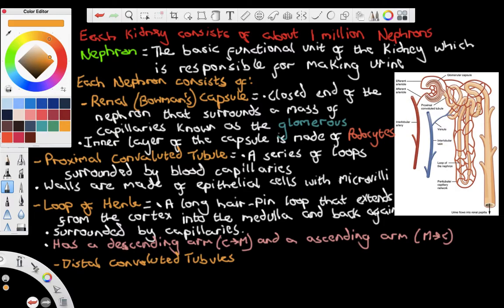So these are the convoluted tubules that are the furthest away from the Bowman's capsule. So distal convoluted tubules are a series of loops surrounded by capillaries.